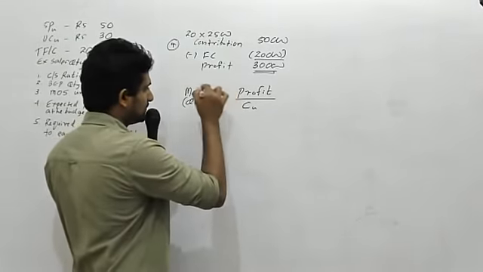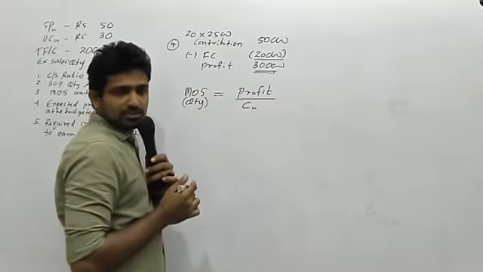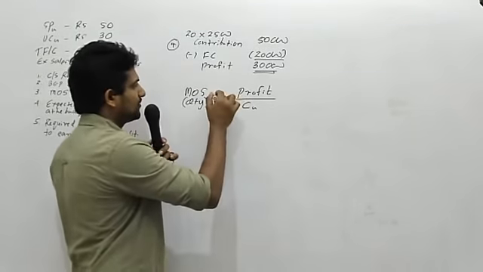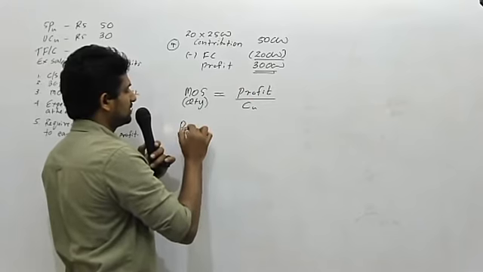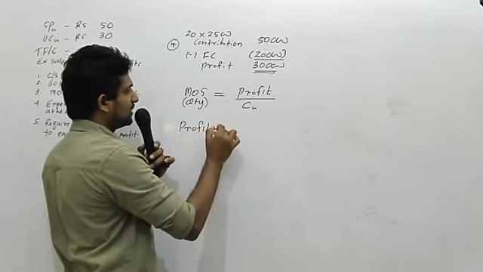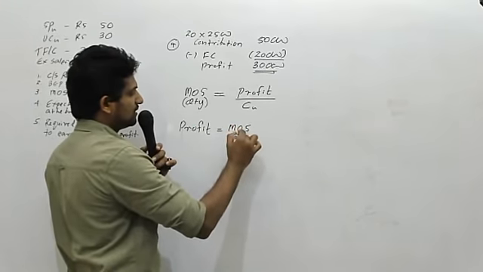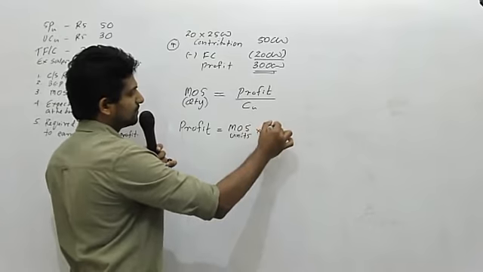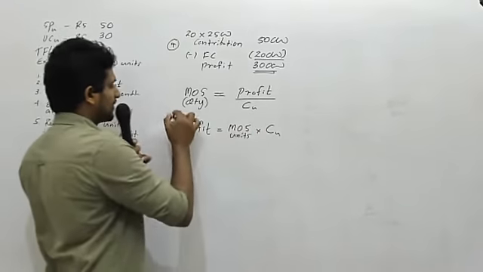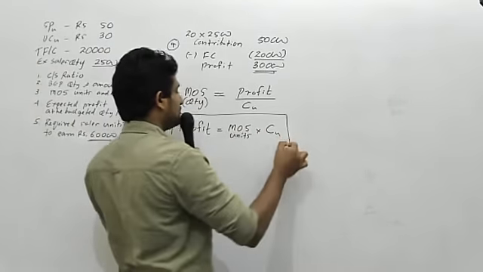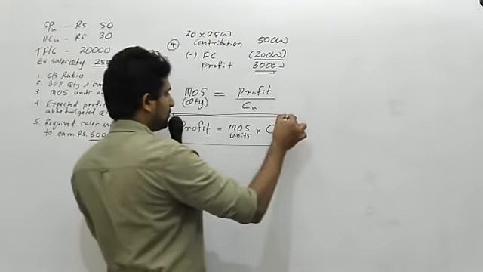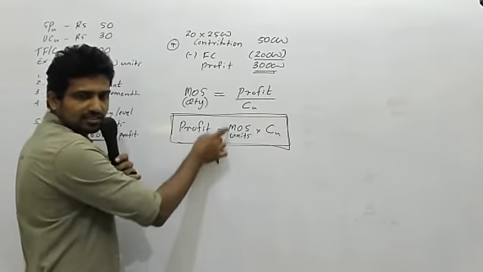So dear children, you can do something like this. If you take the profit as the subject, profit equals margin of safety units into contribution per unit. Remember, this is a very important formula. Actually, this is not a new one.